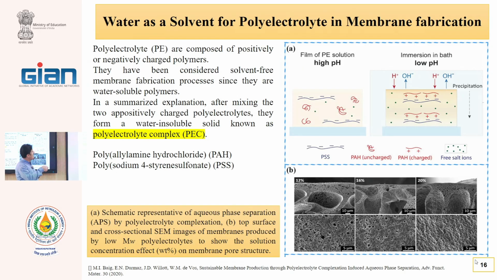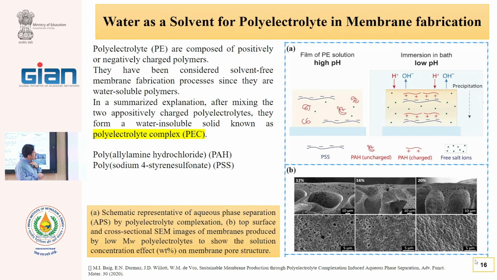But by change of the pH, we reach a point where the amount of negative and positive charge is equal at a specific pH. In this case, we have this arrangement.